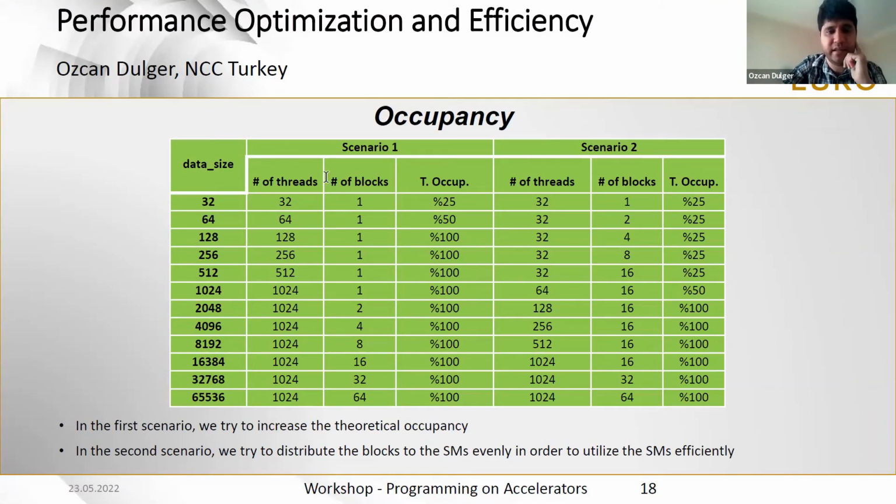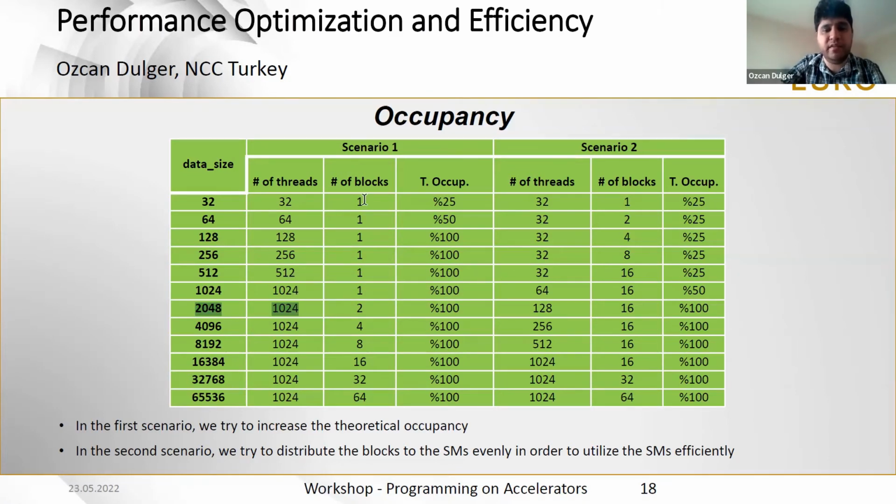Let me show you again here. The data size starts from 32 up to 2^16. In the first scenario, we set the number of threads per block to data size until data size becomes 2^11, and we fix the number of threads to 1024 because of the limitation.